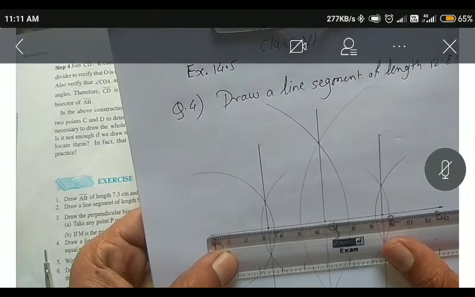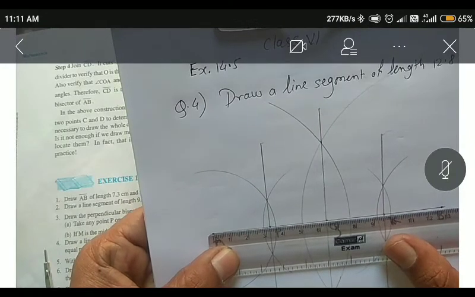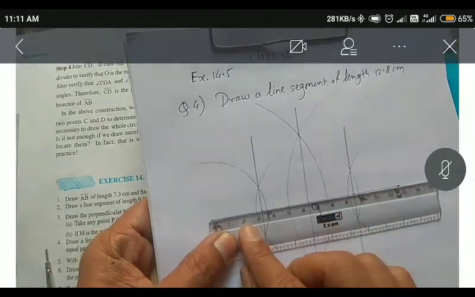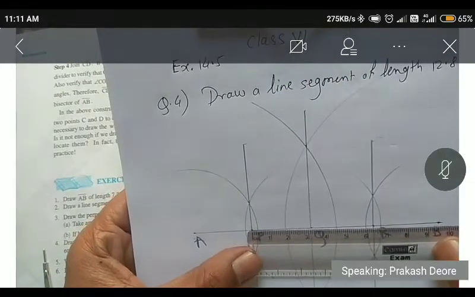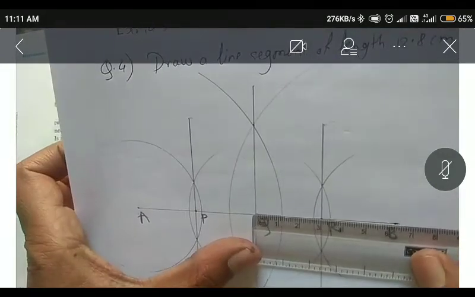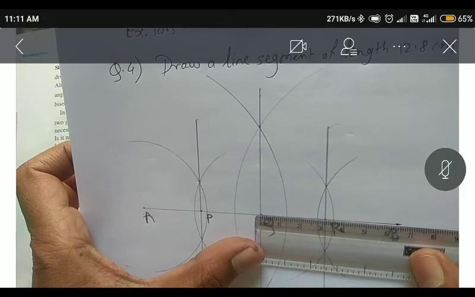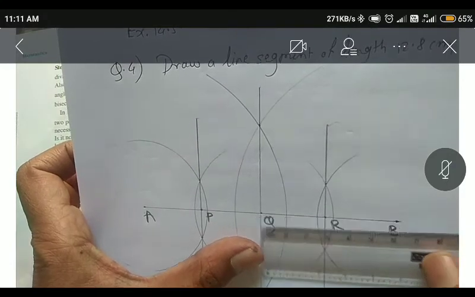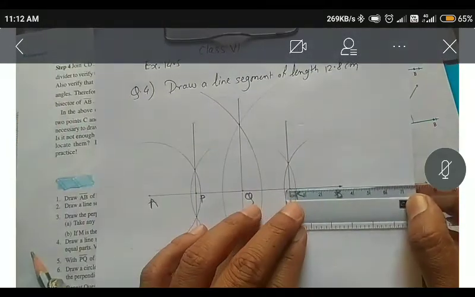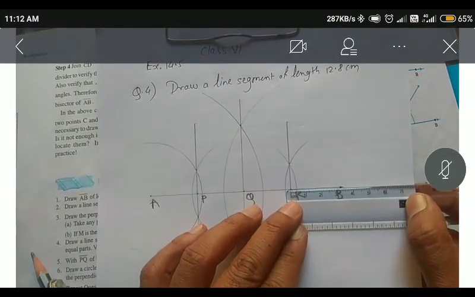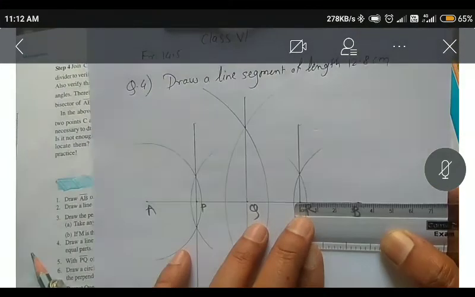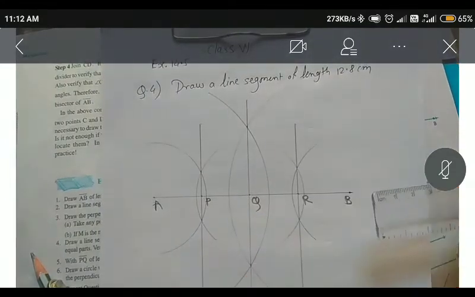See here, it is 3.2, 3.2, 3.2, here also 3.2, and here it is 3.4 or something, it is becoming 4.2. It is right, 3.2.